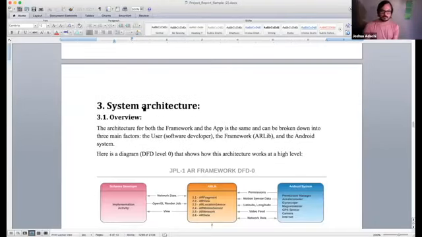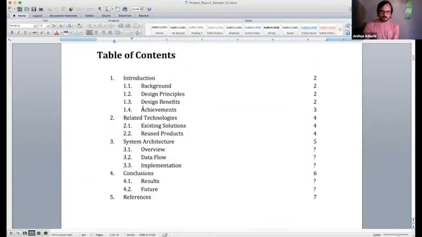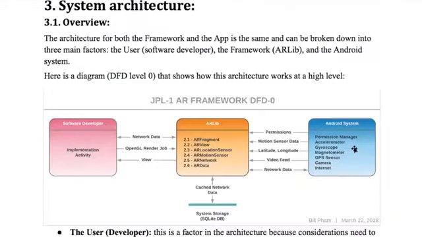Page 5. Okay, so supposedly we're on the second to last page, according to this table of contents. I guess it's not 100% clear whether or not these are page numbers. All right, let's go ahead and check out the system architecture. 3.1 overview.